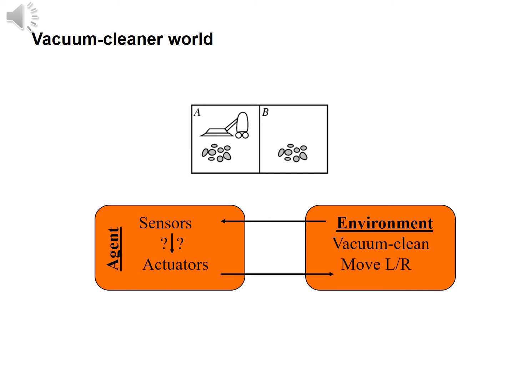Then the agent is in the environment, where it can perform the four actions that we have spoken about before: vacuum clean, move left, move right, and no action. At the momentary stage, the agent is going to read through its sensors that it is positioned in room A and that room A is dirty. Therefore, it is going to apply through its actuators the vacuum clean action.